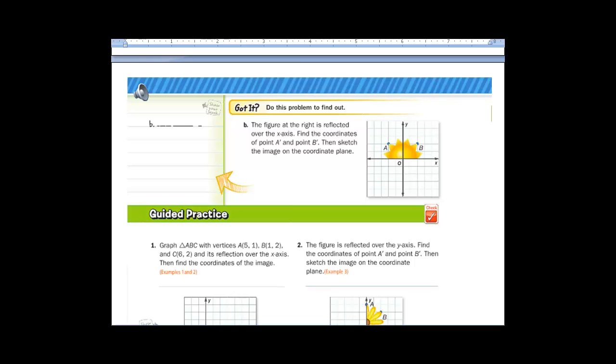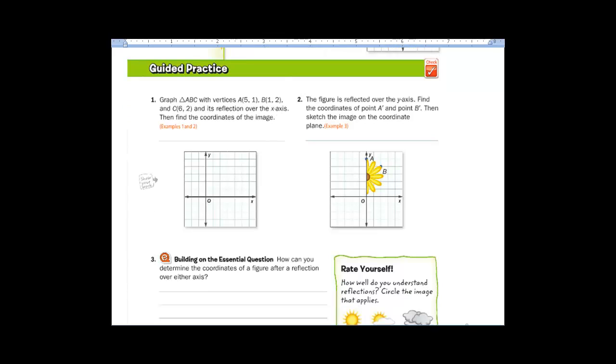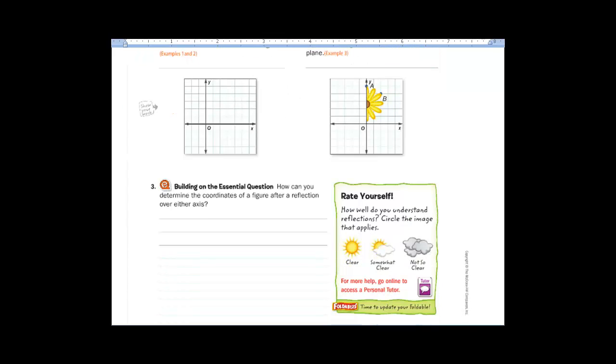Okay, now with that, you should be good to go on the guided practice. Remember, and for your notebook, here's what I want you to remember. If it is reflected over the y, then it's the x's that change.